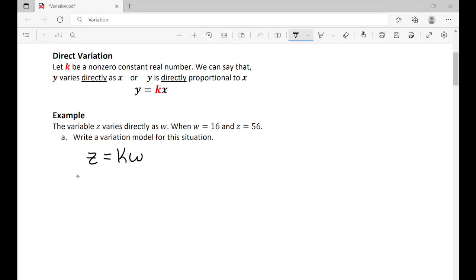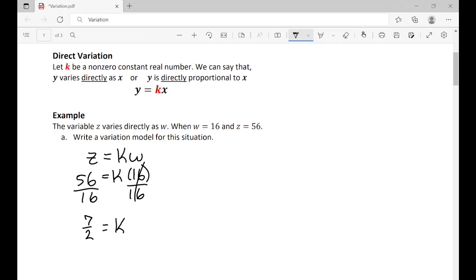So z is 56, k is unknown, and w is 16. Solving for k, divide both sides by 16, cancels out, and my constant value k is going to end up being 7/2 after it's reduced.